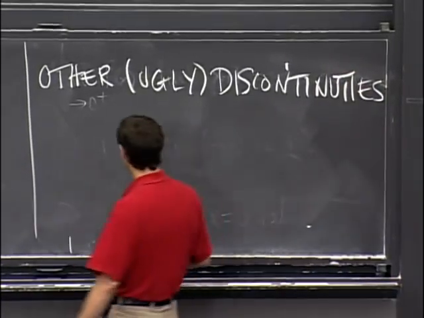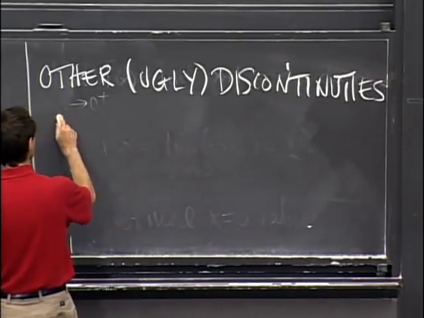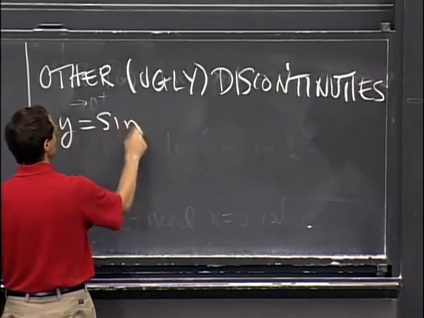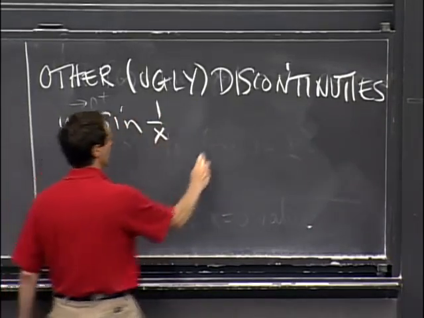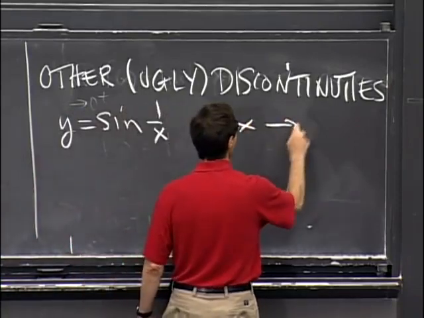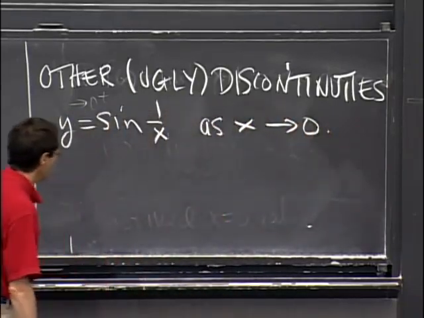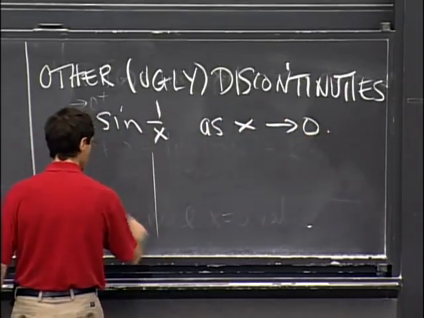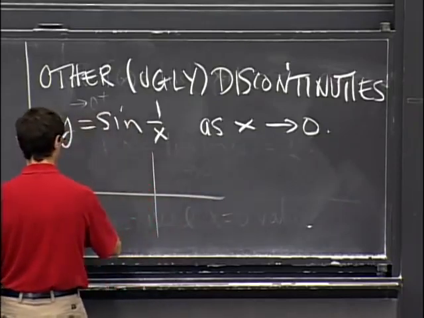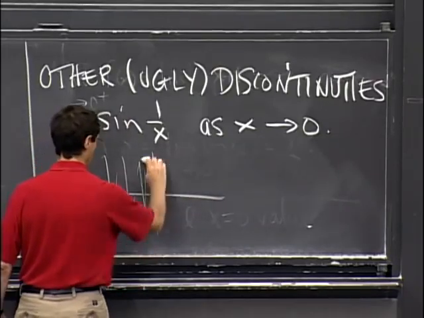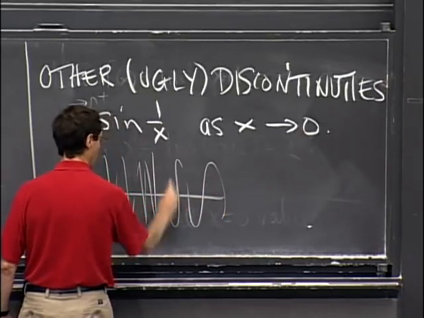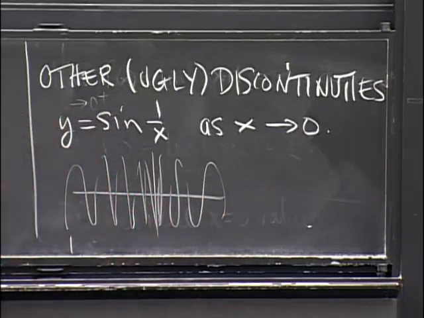One example would be the function y equals sine of 1 over x as x goes to 0. And that looks a little bit like this. Back and forth and back and forth. It oscillates infinitely often as we tend to 0.